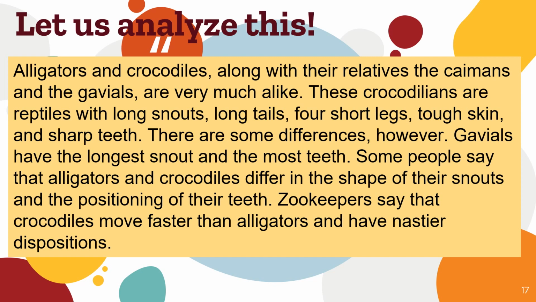There are some differences, however. Gavials have the longest snout and the most teeth. Some people say that alligators and crocodiles differ in the shape of their snouts and the positioning of their teeth. Zookeepers say that crocodiles move faster than alligators and have nastier dispositions.